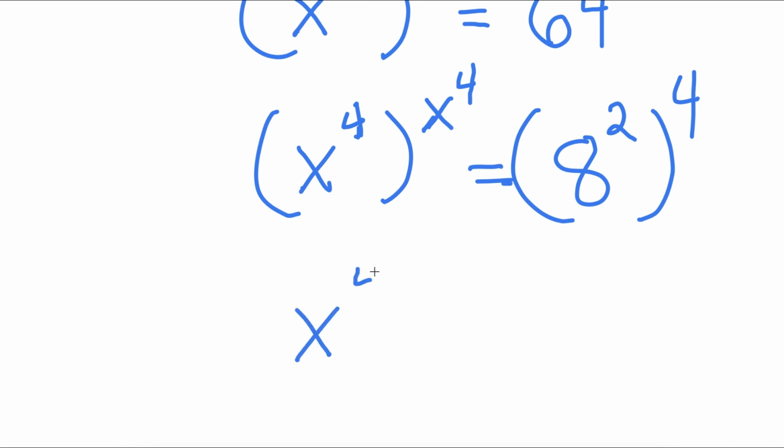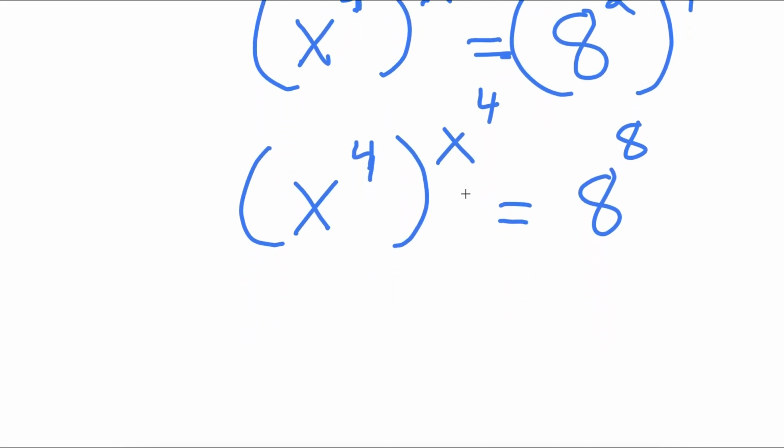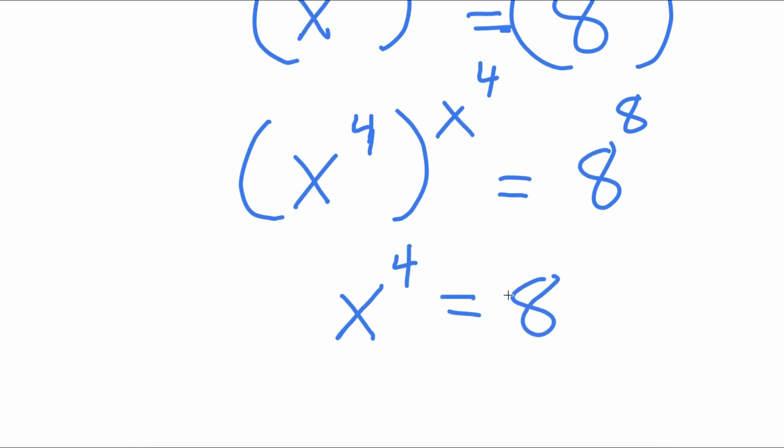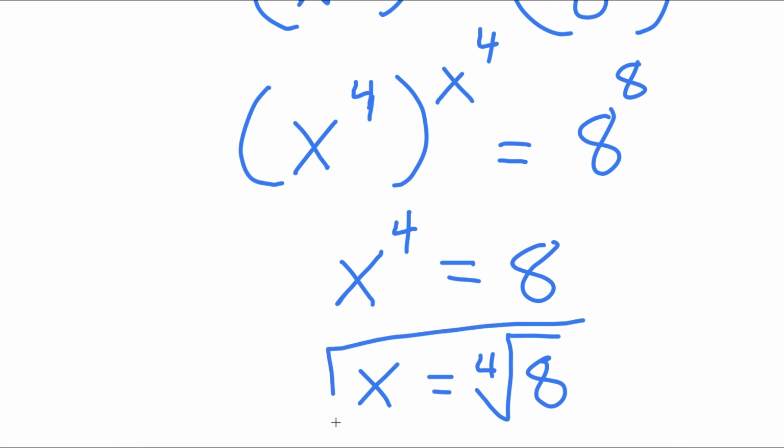So I have x to the power of 4 to the power of x to the power of 4 is equal to 8 to the power of 8. And this means that x to the power of 4 is equal to 8, and x is equal to the fourth root of 8. So this is my answer.